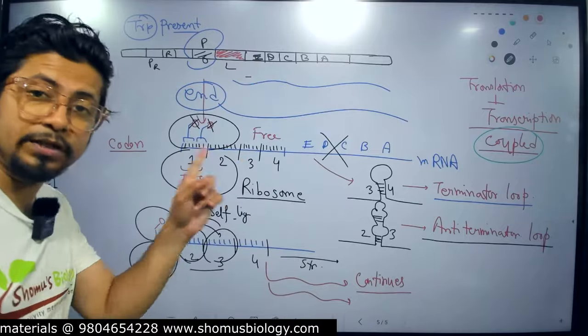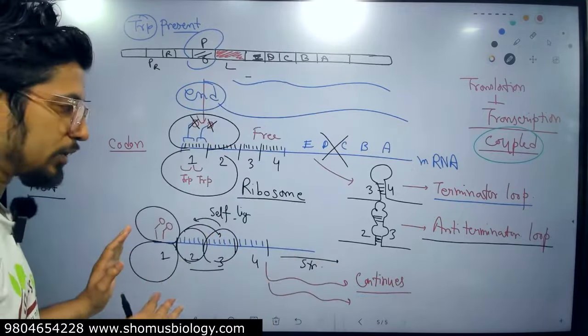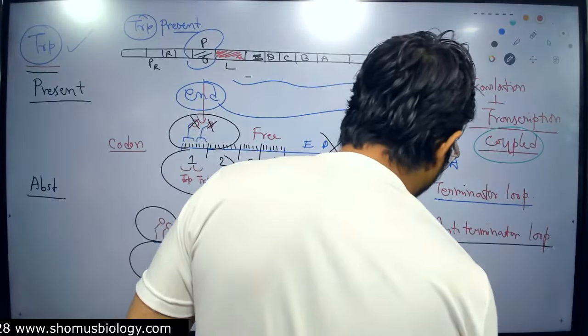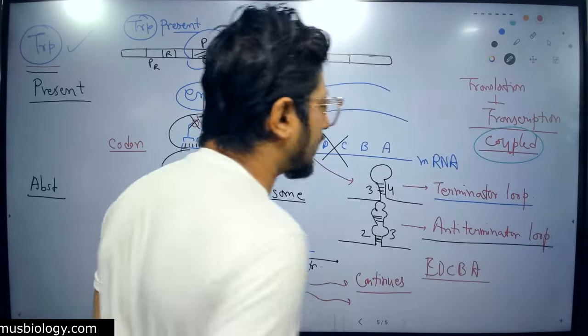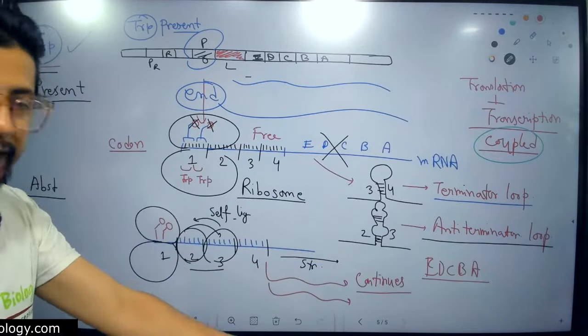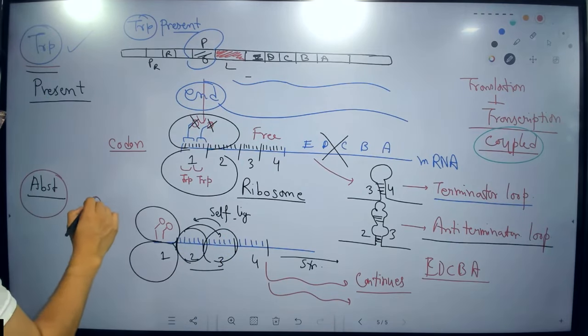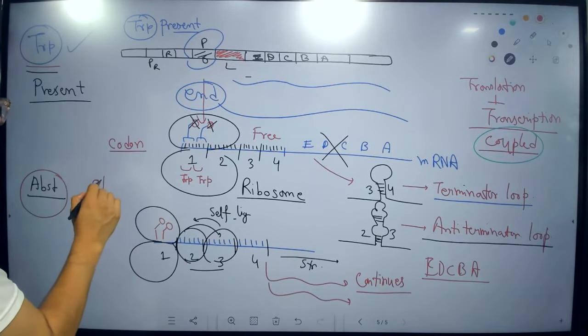Remember, transcription and translation both take place at the same time. Translation is not possible here, but the transcription continues. So the structural genes, these are E, D, C, B and A, all the structural genes and their products continue to be made in this second mode where the tryptophan is absent, and this is for the operon to be turned on.